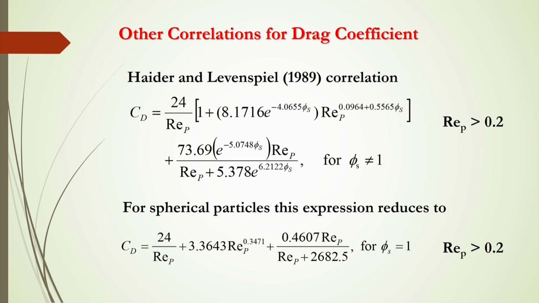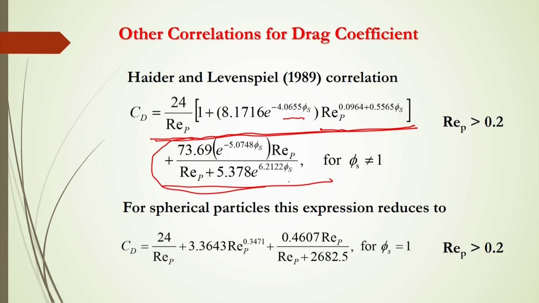They represented it as CD equals 24 by Rep into 1 plus 8.1716 e to the power minus 4.0655 phi s, into Rep to the power 0.0964 plus 0.5565 phi s, plus another part: 73.69 into e to the power of this, divided by Rep plus this.